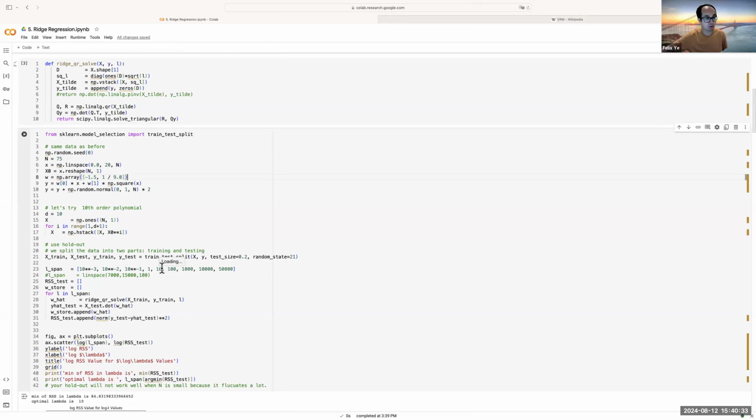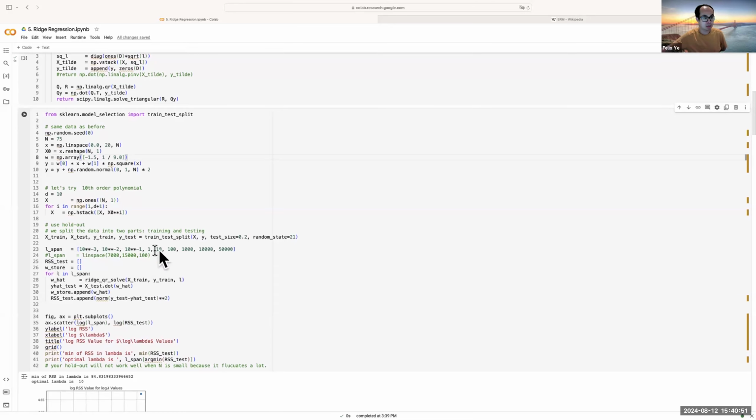And of course, the question is, how can we choose this lambda? The way we do it is we use this holding-out method to find the optimal lambda in these cases.